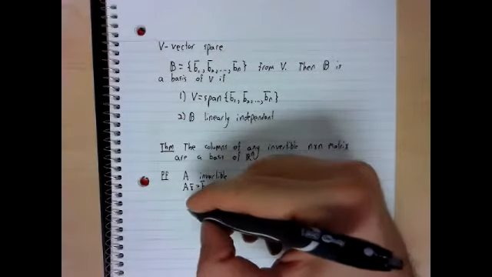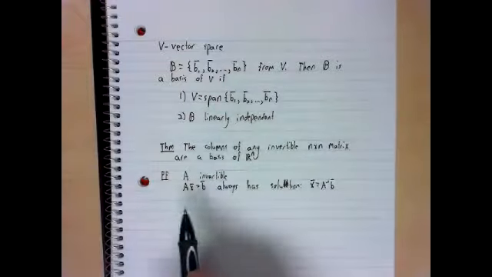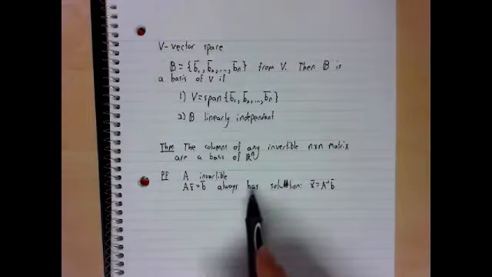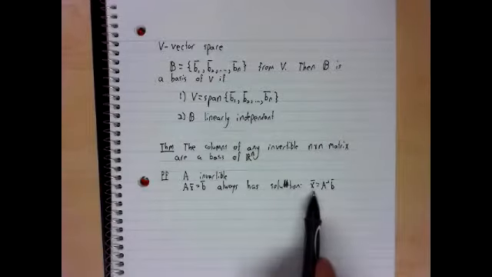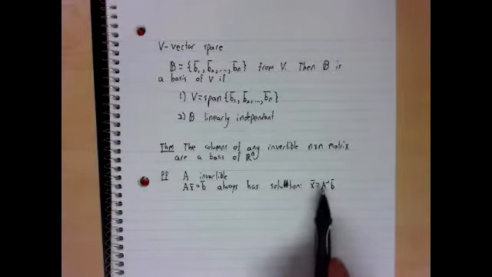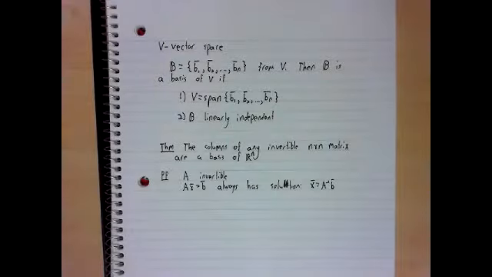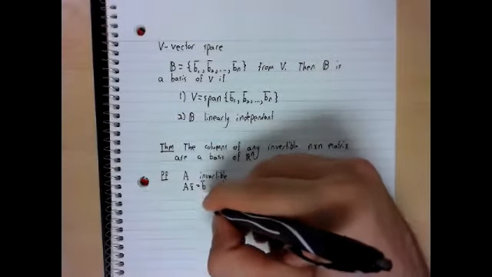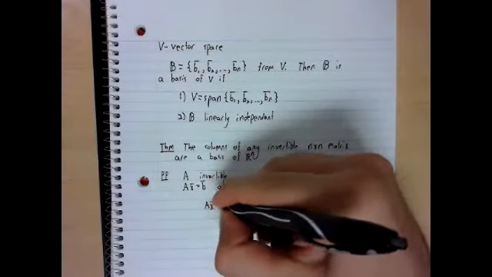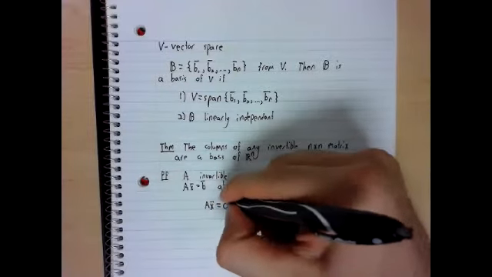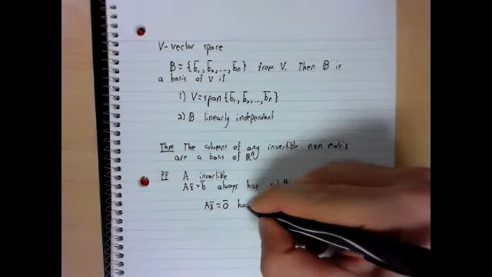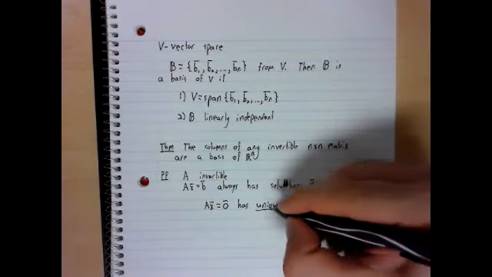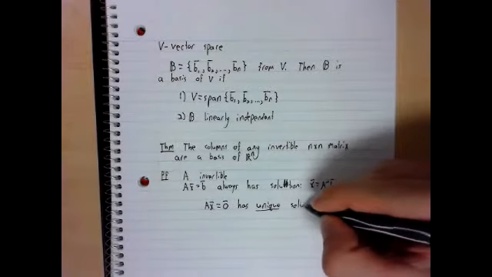What about uniqueness? Well, not only does AX equals B always have a solution, it always has a unique solution, X equals A inverse B. So AX equals 0 has a unique solution.